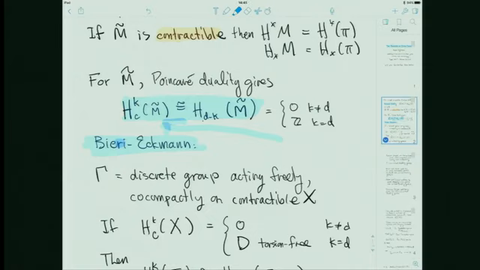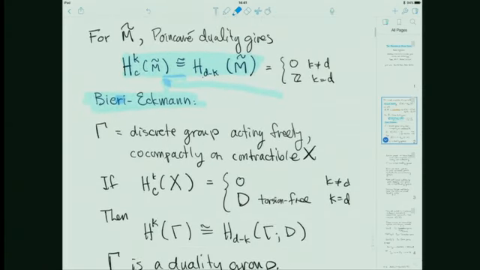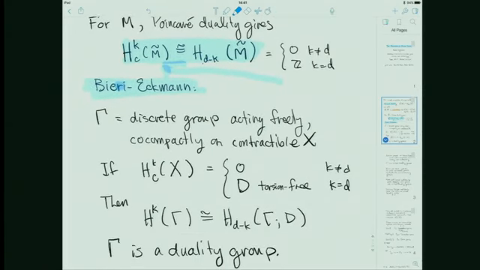Then you also get a duality between homology and cohomology. Namely, the cohomology of gamma is isomorphic to the homology in the complementary dimension, except you now have to tensor your module with this module D. And you say that, in this case, gamma is a duality group.